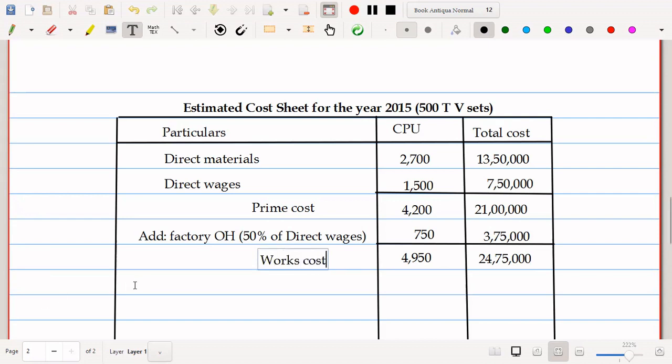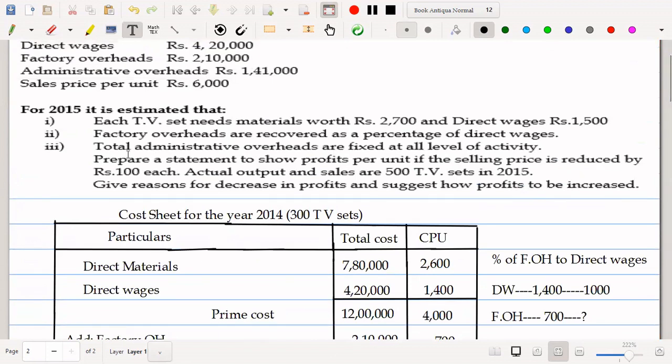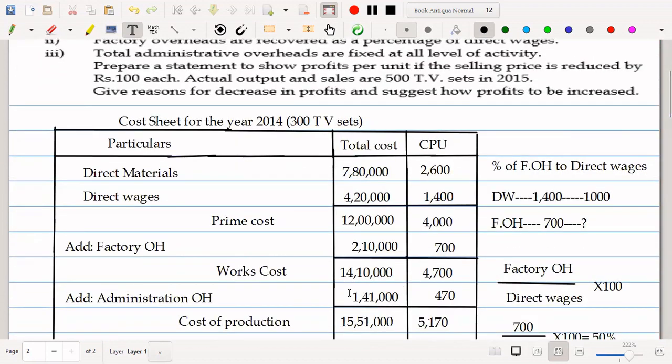And let's move on. Add administration overhead. What's given in the problem regarding administration overhead? Let's check here. Total administrative overheads are fixed at all levels of activity. So when it is given as fixed, for administration overhead we have to consider the total amount of overhead.